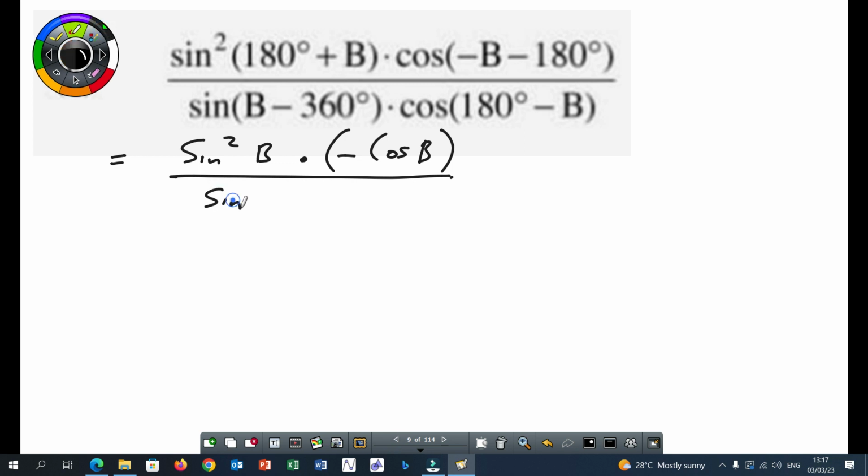So that will be sine B times, here it's very straightforward, that's minus cos B. So these two will cancel out. Eventually the answer will be sine B.